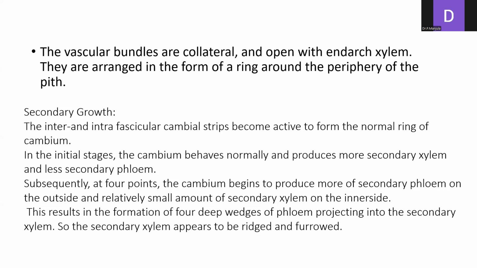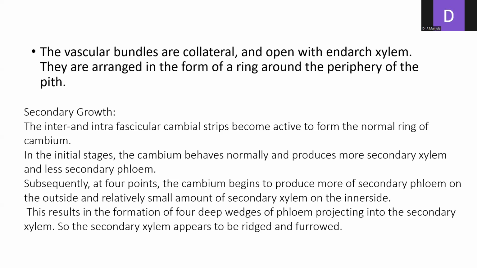During the secondary growth, the inter and intravascular cambial strips become active to form the normal ring of cambium. In the initial stages, this cambium behaves normally and produces more secondary xylem towards the inner side and less secondary phloem towards the outside.